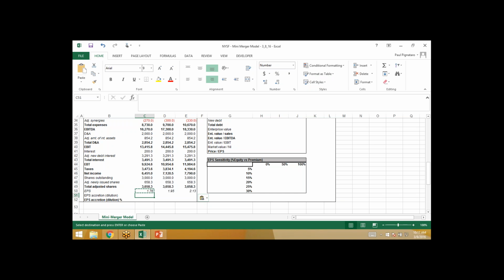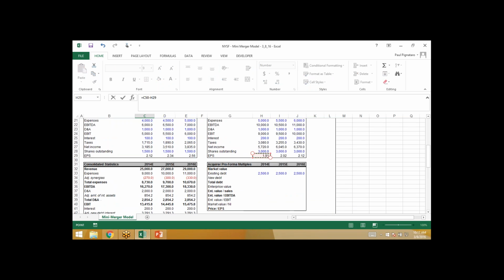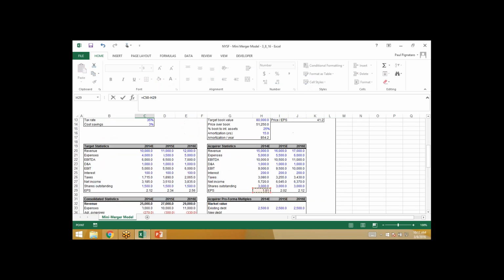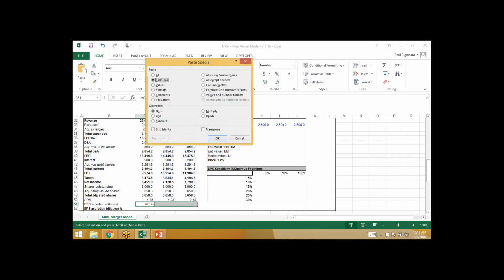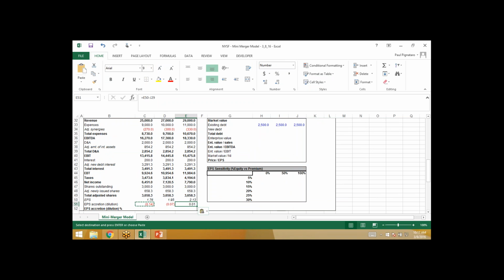Let's take a look. We compare this to the original acquirer's EPS. This EPS minus original acquirer. It's almost break even by the third year.